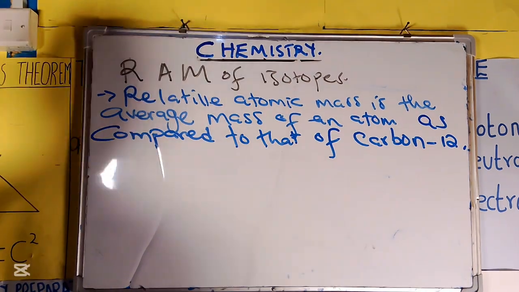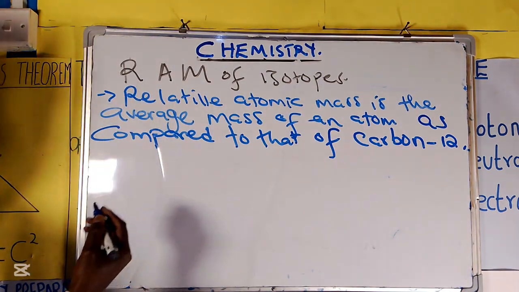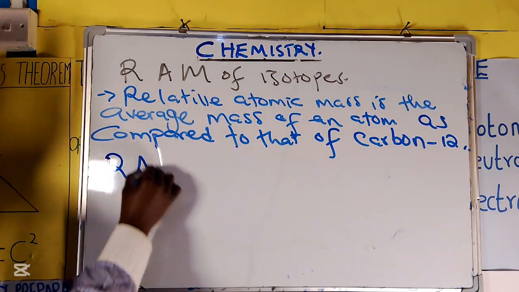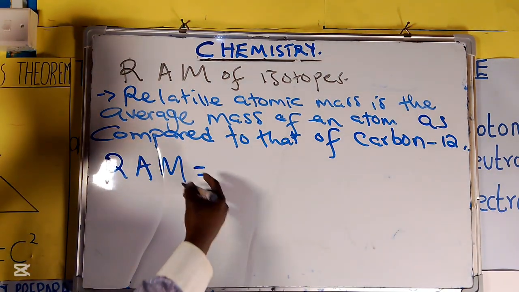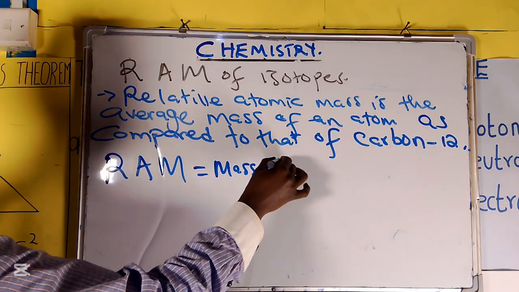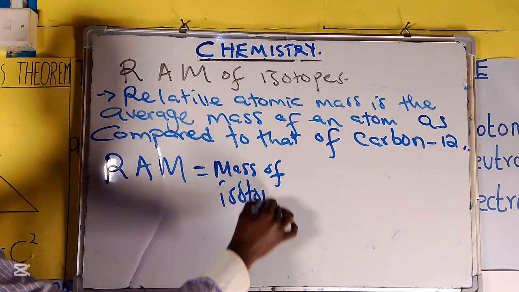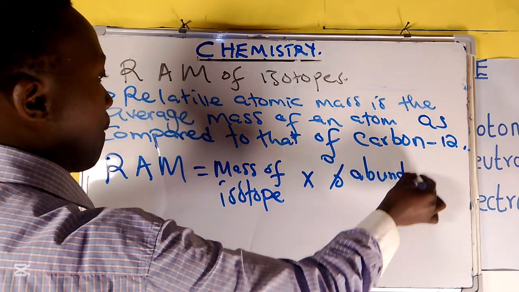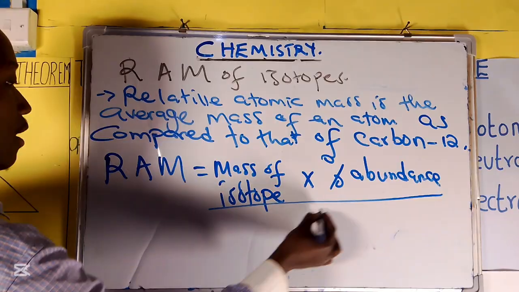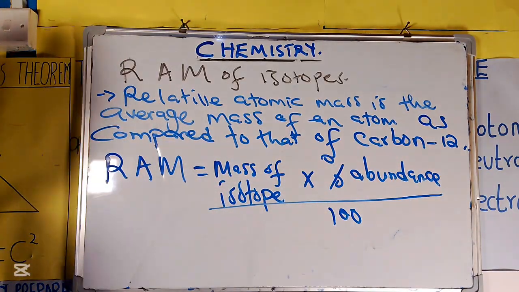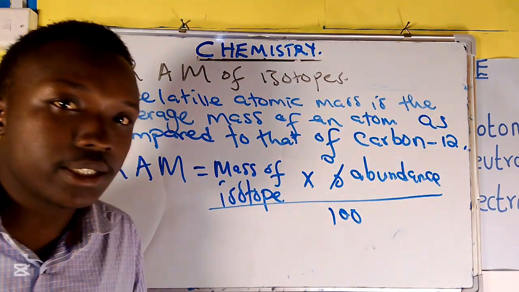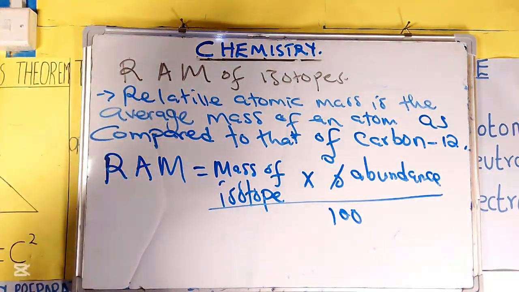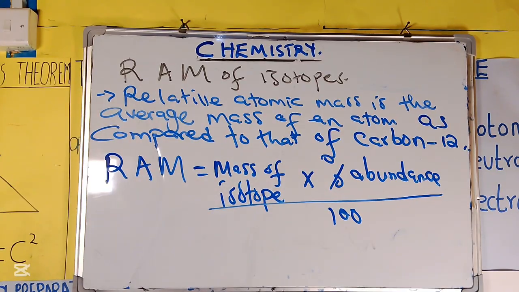So relative atomic mass, how do we find the relative atomic mass? Relative atomic mass, our RAM, is equal to mass of isotope multiplied by percentage abundance over 100.